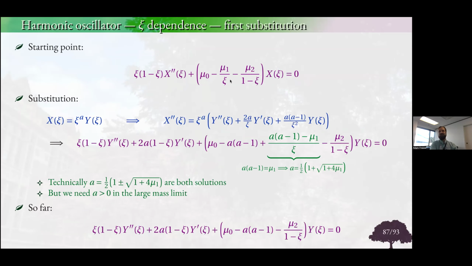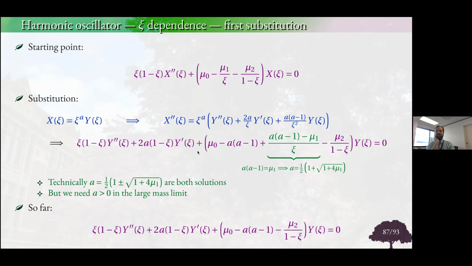So we have the differential equation as the starting point, and we do the first substitution. The second derivative of this substituted function in terms of the new function can be written in this form. We pull out a xi to the a, which we're going to divide the entire equation by to make it simpler. And by putting the substitutions in, we end up with a new second order differential equation for the new function.